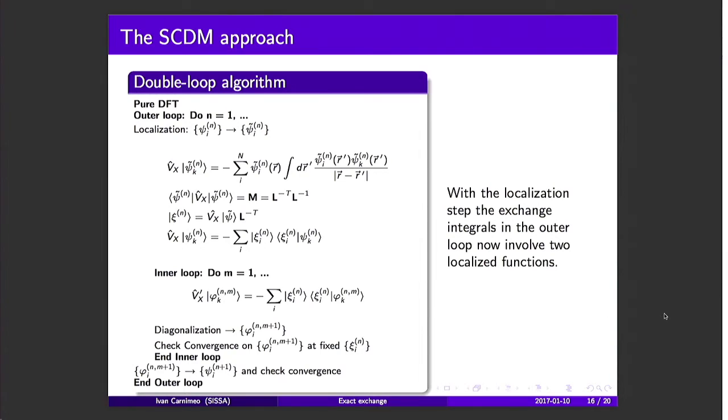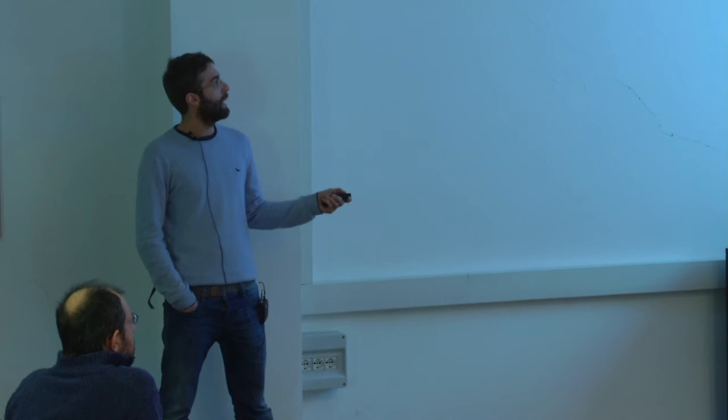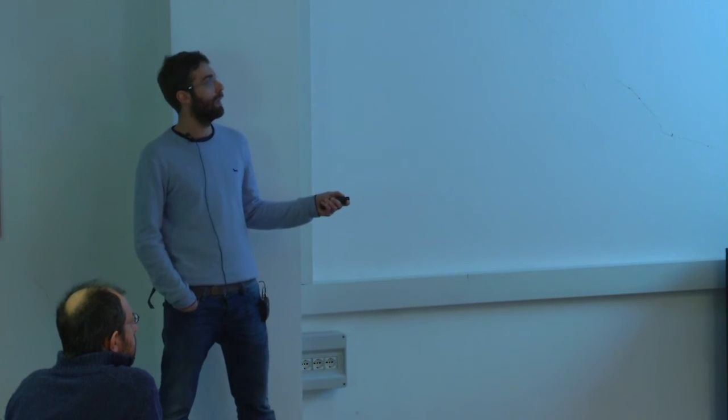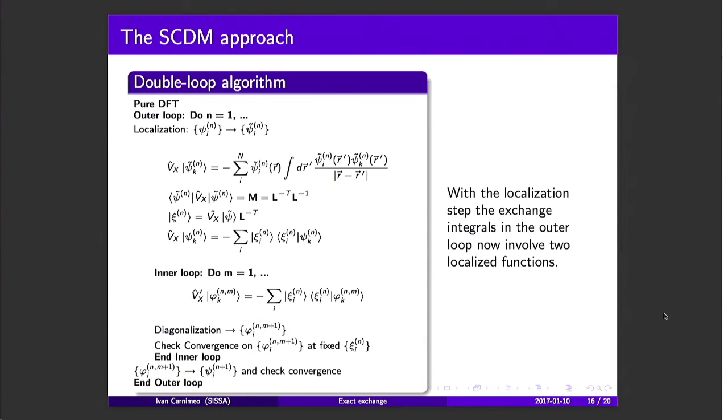So we build the Xi functions on the localized orbitals, but since we don't want the action on the psi tilde, because we are doing the SCF on the psi, once we have projected the operator on the set of localized orbitals, then in order to have the true potential, we have to apply the projected operator on the psi, on the canonical orbitals. So this requires some more memory allocation because we have to allocate both the canonical and the localized orbitals in VX6.